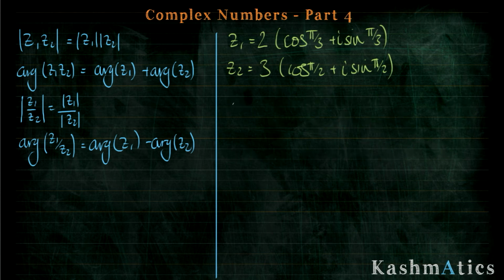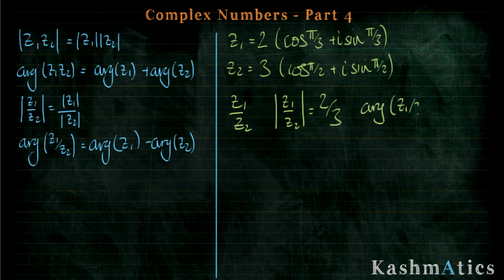Right, next we'll look at z1 divided by z2. Okay, and what we need to do first of all is work out what the modulus of that is. And to do that, we just divide the two moduluses. So that would just be 2 divided by 3. And the argument of z1 over z2 would equal pi over 3, take away pi over 2, which is pi over 6.